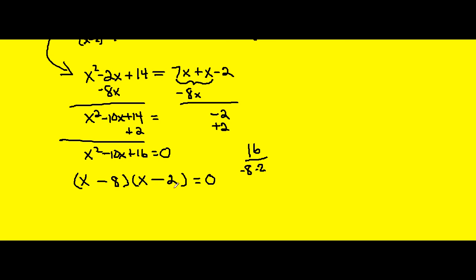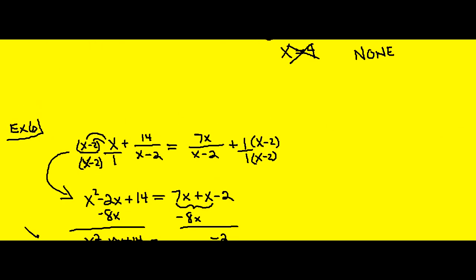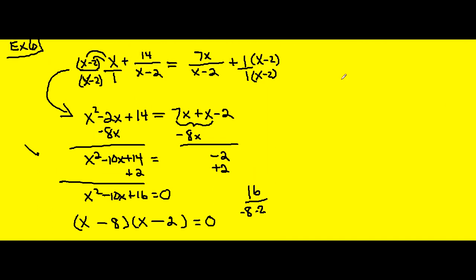So therefore, my solutions are x equals 8 or x equals 2. However, when I look at the denominators, I see the denominator is x minus 2.